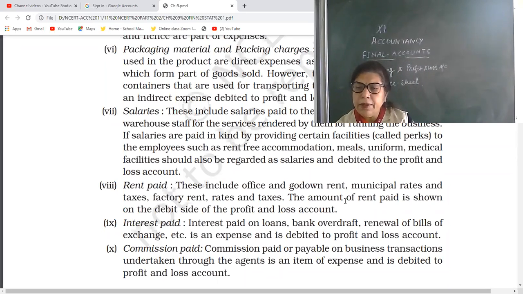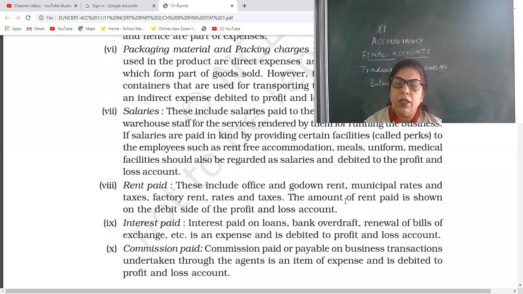Now interest paid on loans, bank overdrafts, renewal of bills, exchange charges, yes, interest on bank overdraft. In business studies, or in the chapter bank reconciliation statement, you have studied the bank overdraft term.